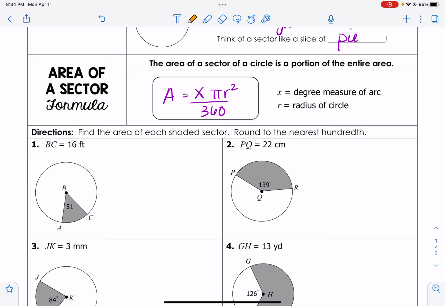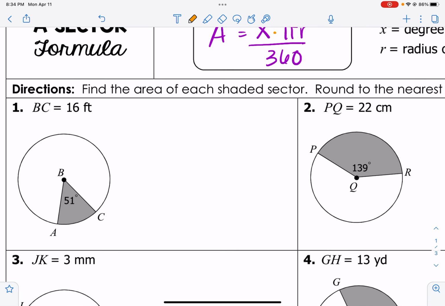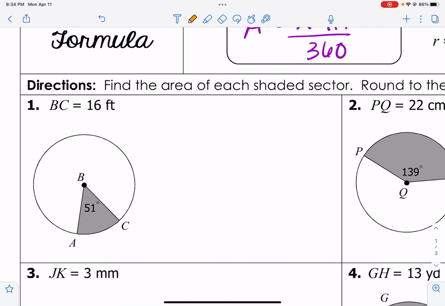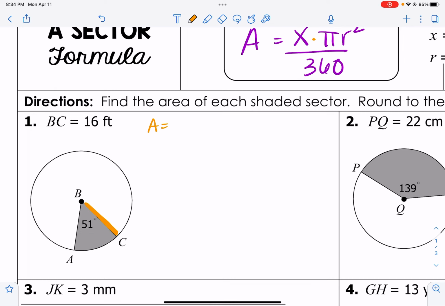So we're just going to apply this formula over and over to find the area of the shaded pieces. If you look at BC, BC is this part right here. That's our radius. We've talked about that before. So, formula: area equals, what's our arc?